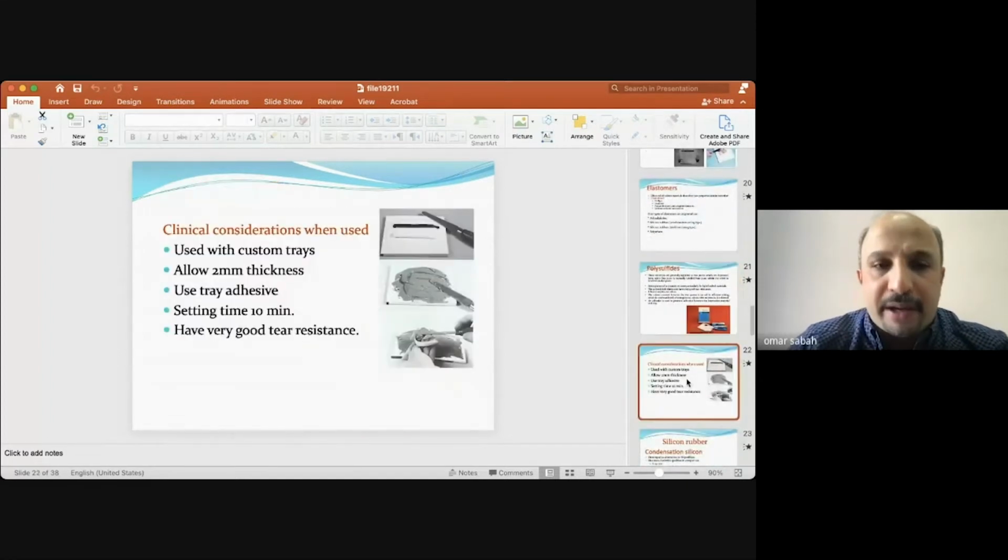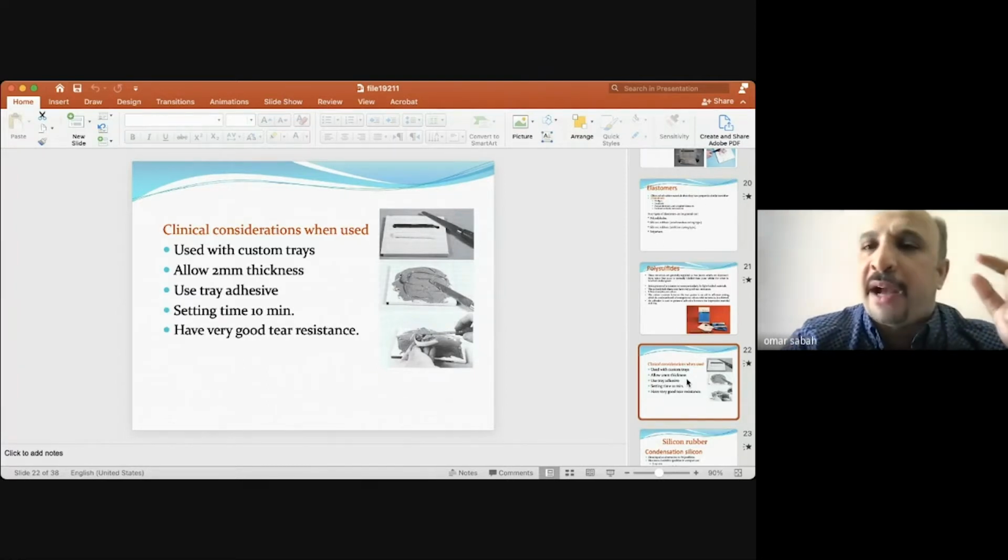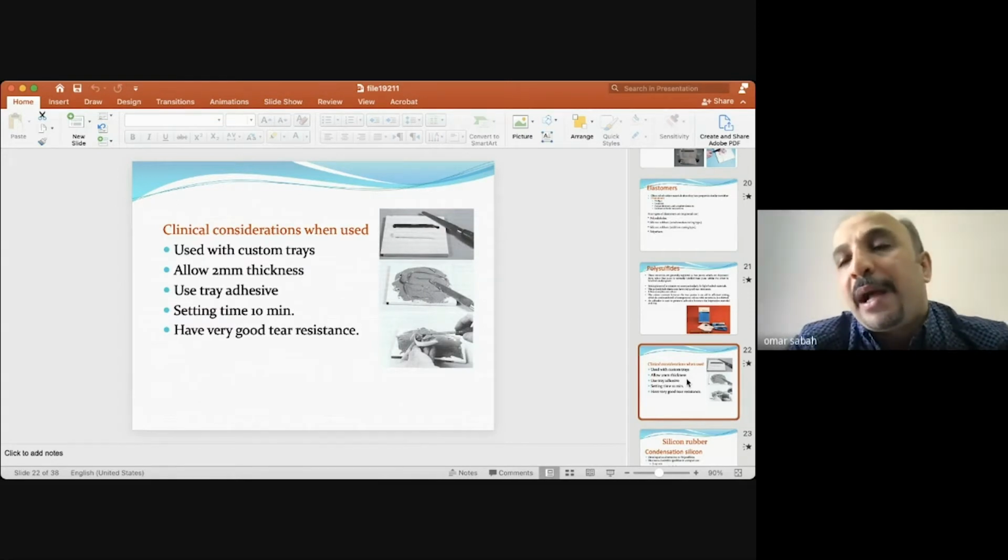If I go to another point, the clinical considerations when you use a custom tray: of course, always 2 mm thickness. What does thickness mean? The distance, or the space, between the special tray and the soft tissue and hard tissue that need to be registered. And you can control it through what?